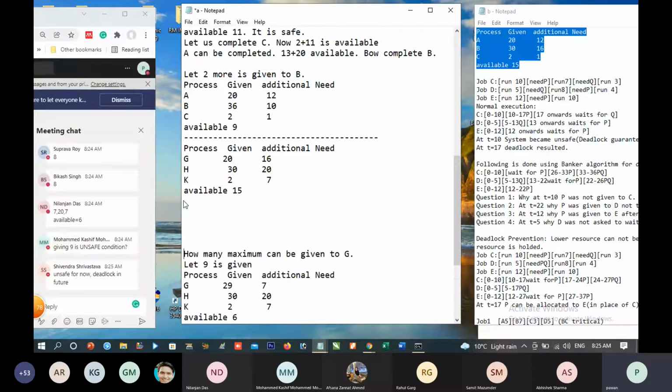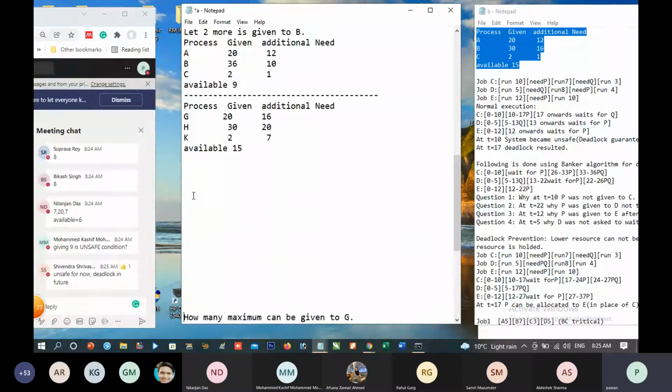Agree? Now, how many maximum can be given to G? Okay, to H. How many maximum can be given to H?